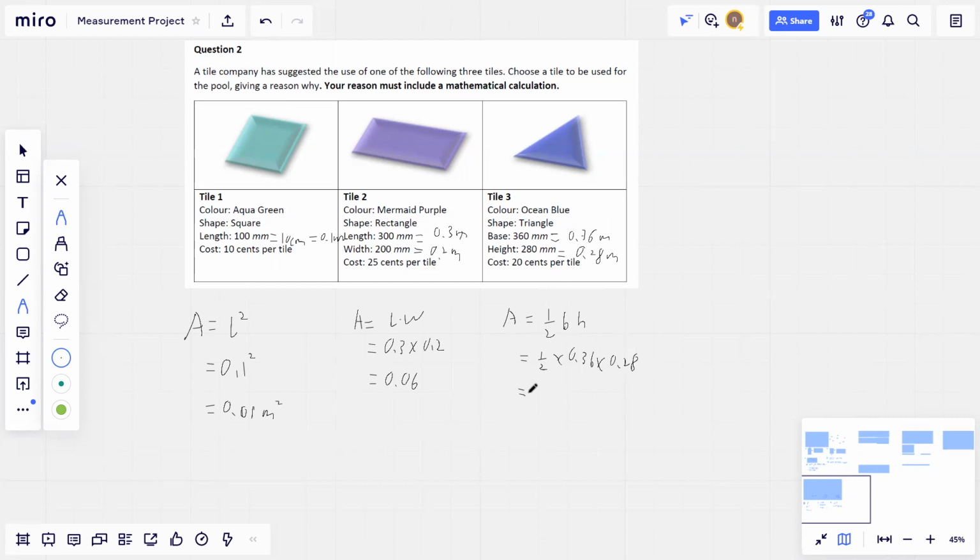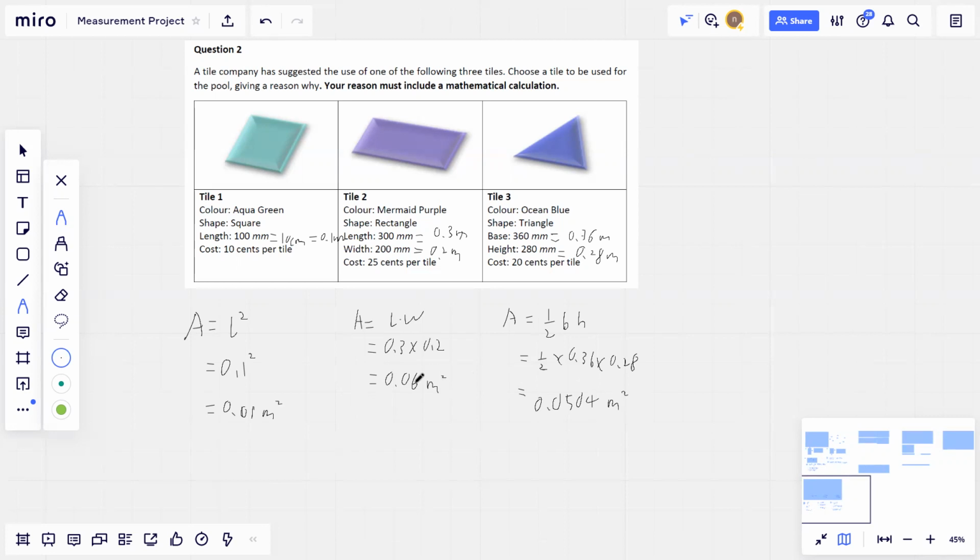In the answer, I get 0.0504. So the areas are all in meter square.